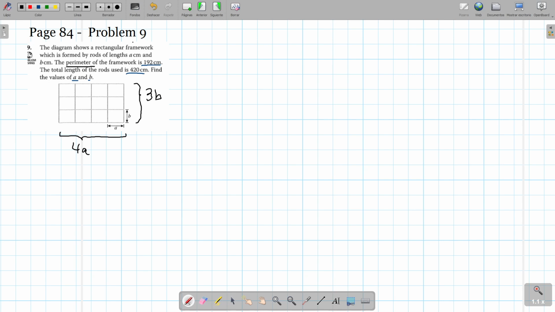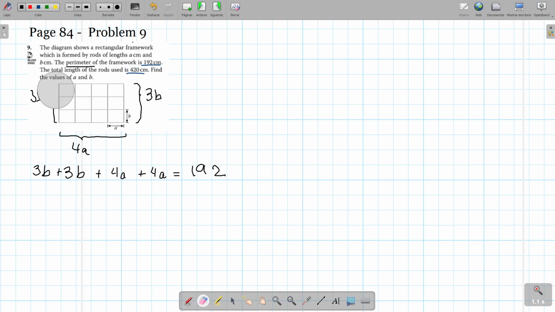Now it says the perimeter of the framework. Remember that the perimeter is the sum of all sides of this rectangular shape. So we have to add 3 times B, and we have another 3 times B. We have 3 times B plus 3 times B, and we need to add 4 times A and another 4 times A. This is going to be equal to 192 centimeters.